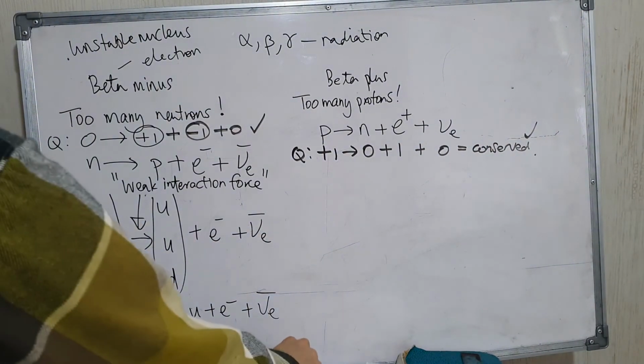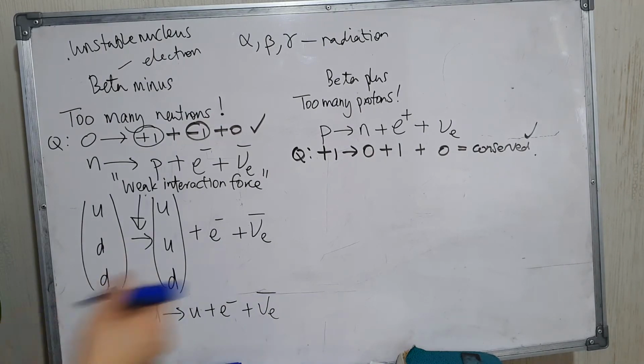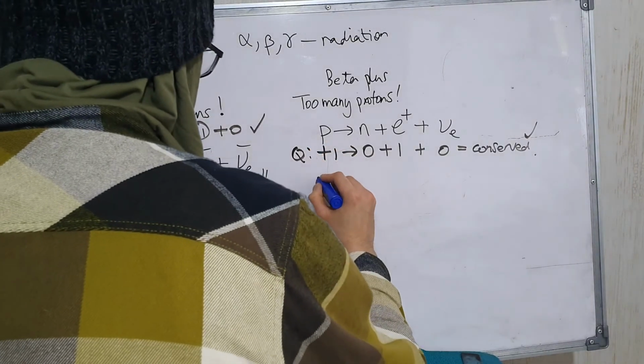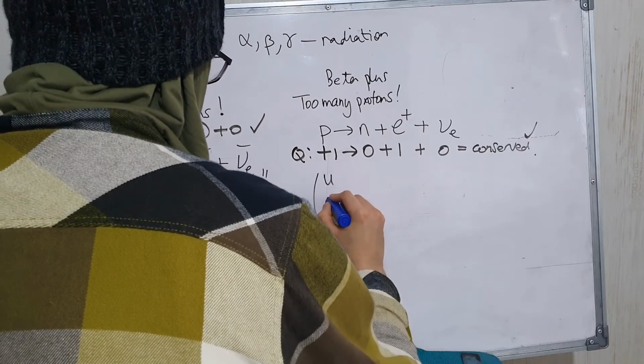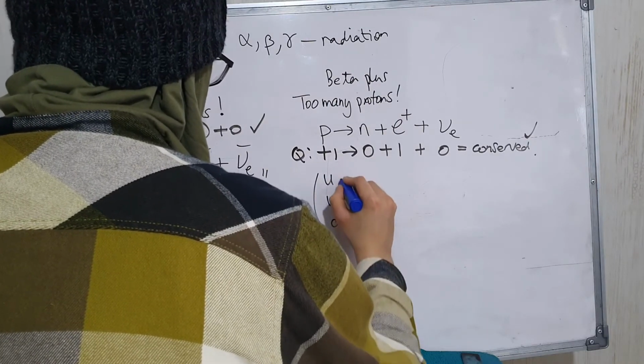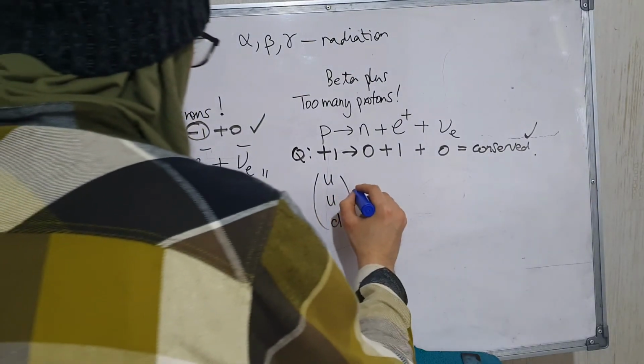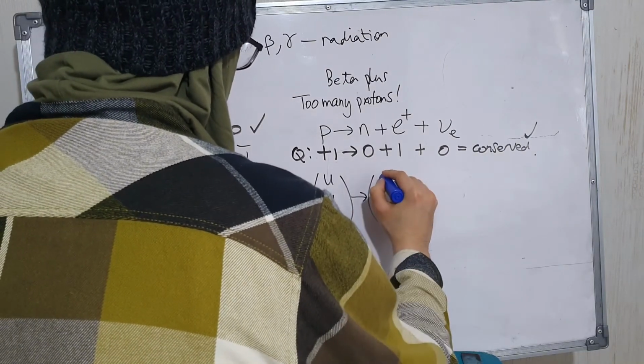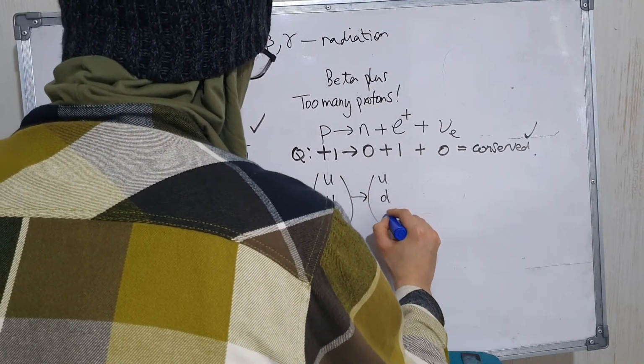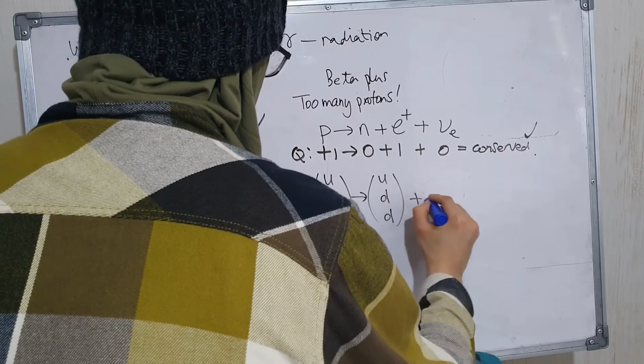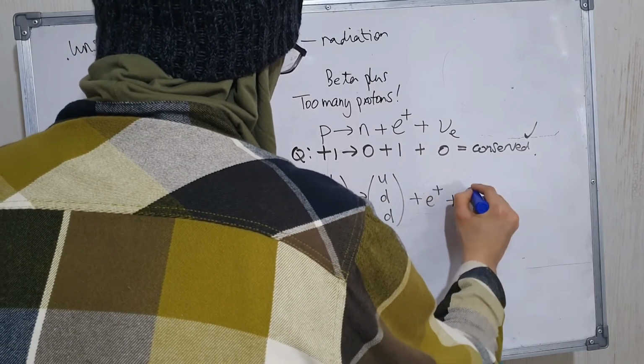Now, what's the quark structure for the proton? The proton quark structure is up, up, down. And what does it become? The neutron. So here you have up, down, down, plus a positron, plus a neutrino.